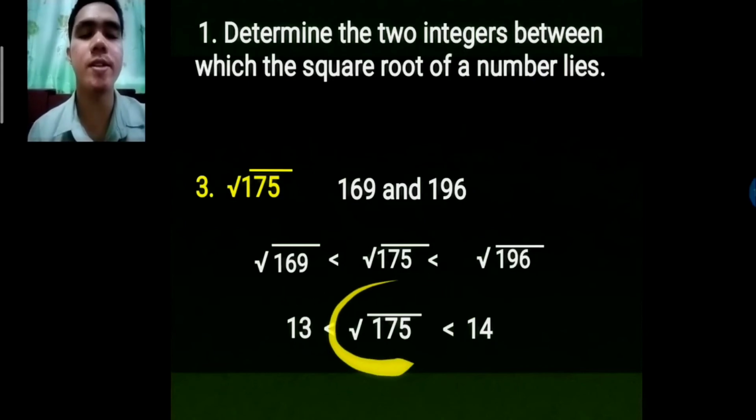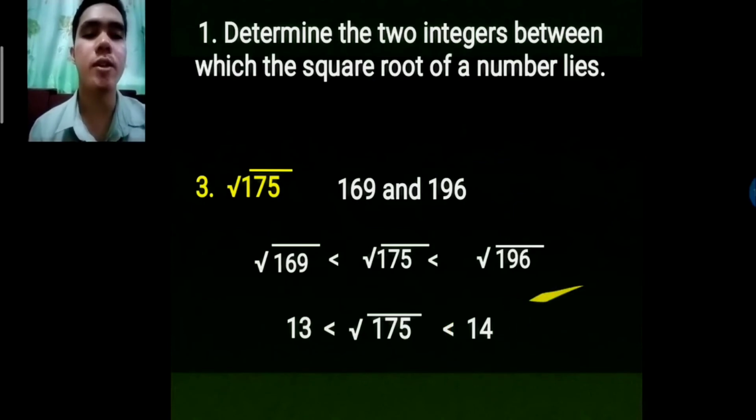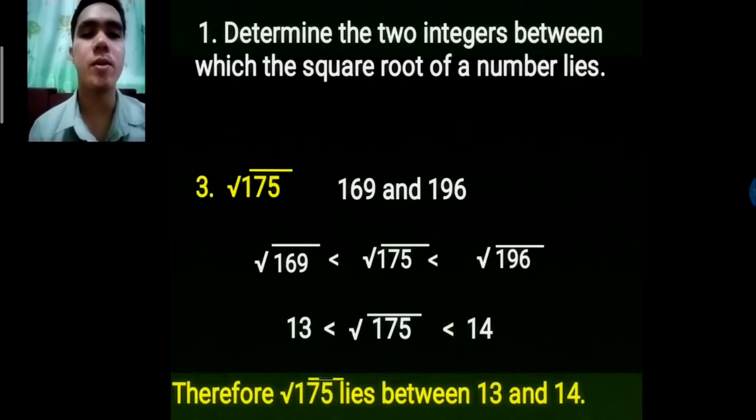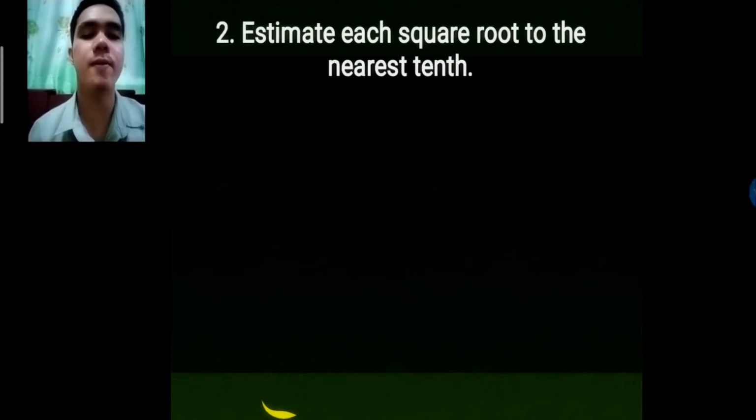So square root of 175 is greater than 13 but less than 14. Therefore, square root of 175 lies between 13 and 14. This will be our two integers where the square root of 175 lies.